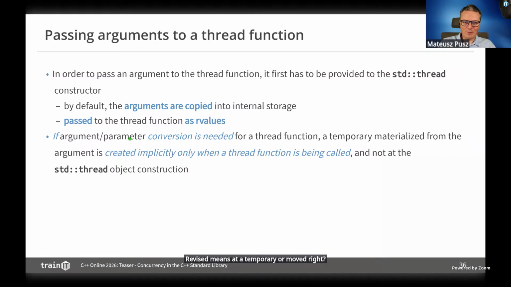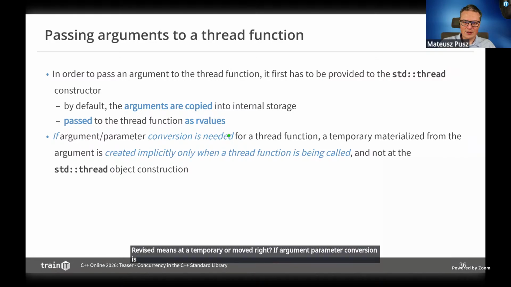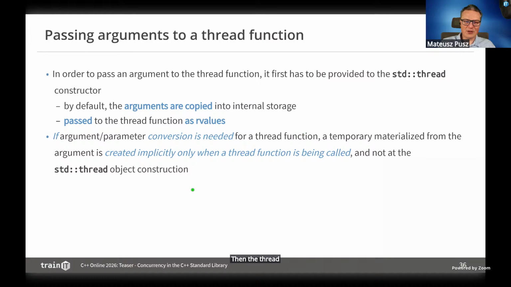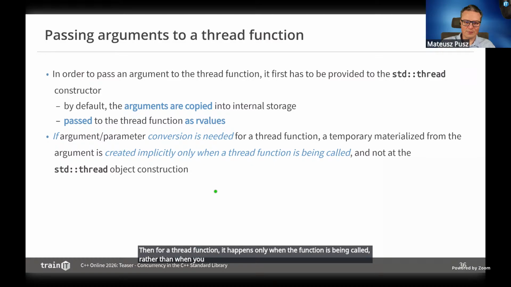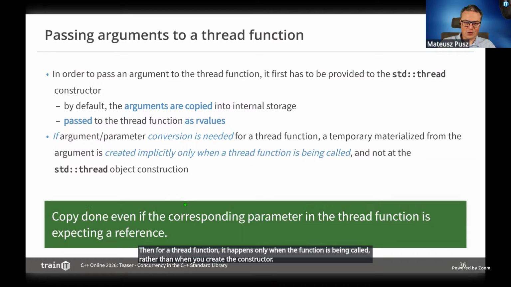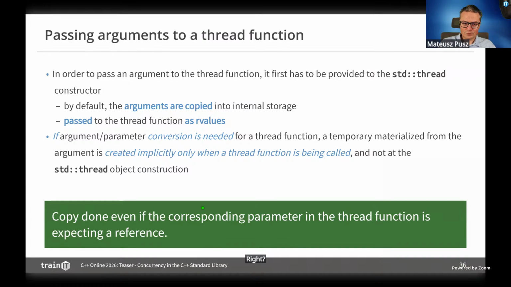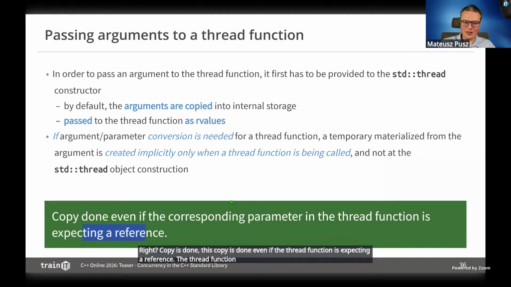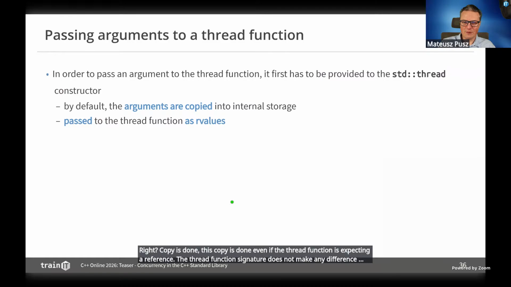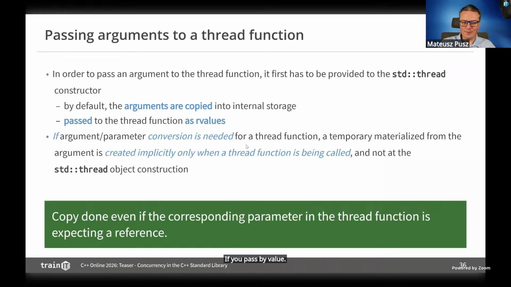If argument parameter conversion is needed, then for a thread function it happens only when the function is being called rather than when you call the constructor to create the thread or JThread object, right? The copy is done even if the thread function is expecting a reference. The thread function signature does not make any difference here. If you pass by value, it will just be copied.